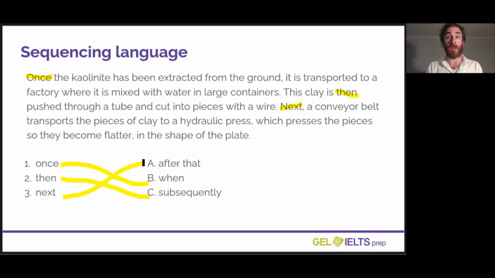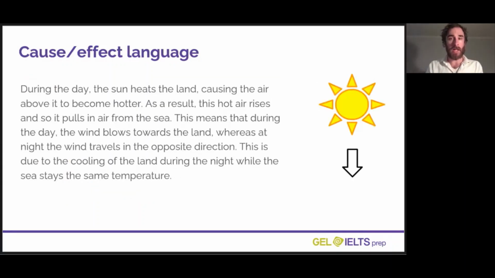It's good to avoid repeating yourself with the same sequencing language, so try to learn as many of these phrases as you can. Now I'd like to look at some linking language of cause and effect. Here we see a student's answer to a question about the difference in wind direction between the day and the night.